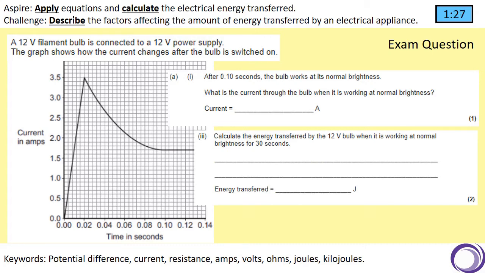Just be careful you read the graph right for part 1. You might want to just put a ruler up against the screen to make sure you don't miss as you read across. Just going to put you a little hint on part 3 if you're struggling. So I'll put you 2 equations on. Power equals current times voltage, and energy equals power times time for part 3.